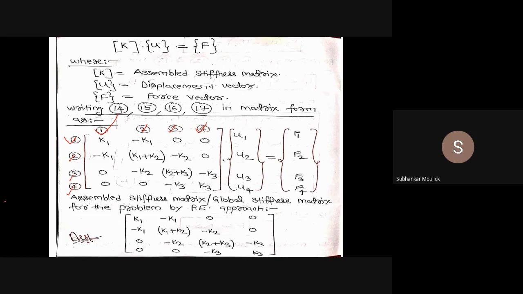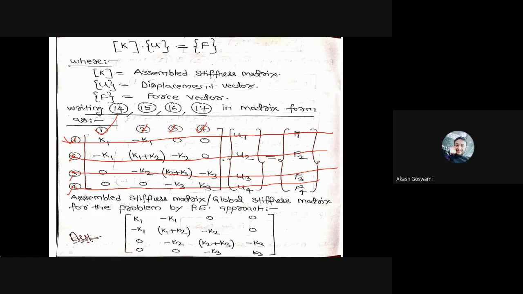Then definitely the first row will be the equation of the first nodal point, the second row will be the equation of the second nodal point, the third row the equation of the third nodal point, and the fourth row the equation of the fourth nodal point. Yes or no? Yes, sir. Fine.